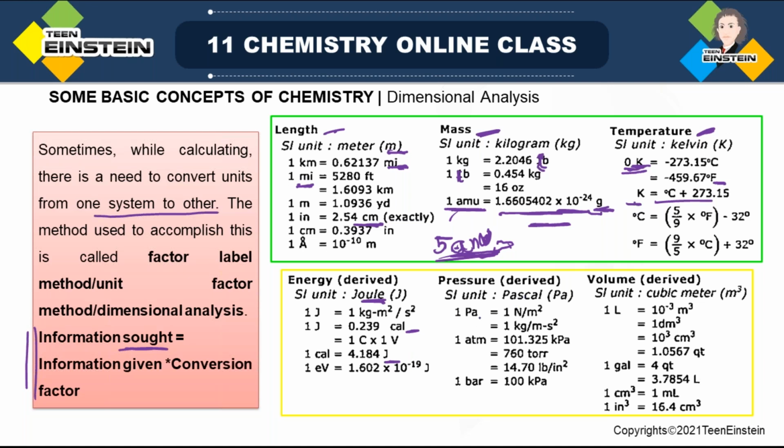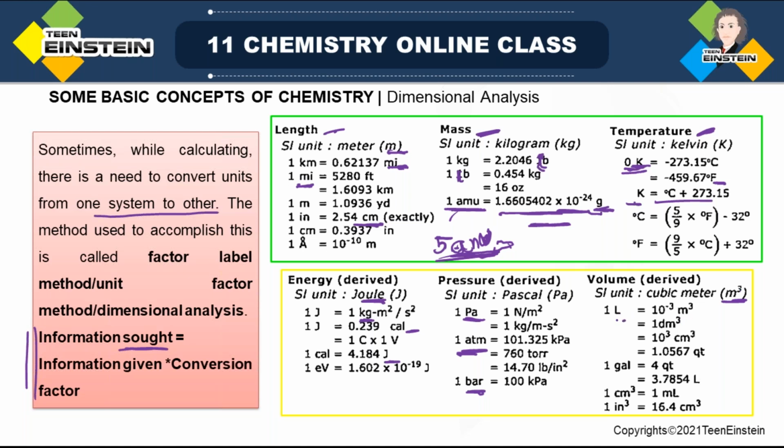Then we have pressure units, Pascal, ATM and bar, and their relationship to each other is also given. And all these are derived units, because if you break joule, it involves kg, meter and second. Similarly for volume, it is 3 times the length unit, which is meter, so it will be meter cube.